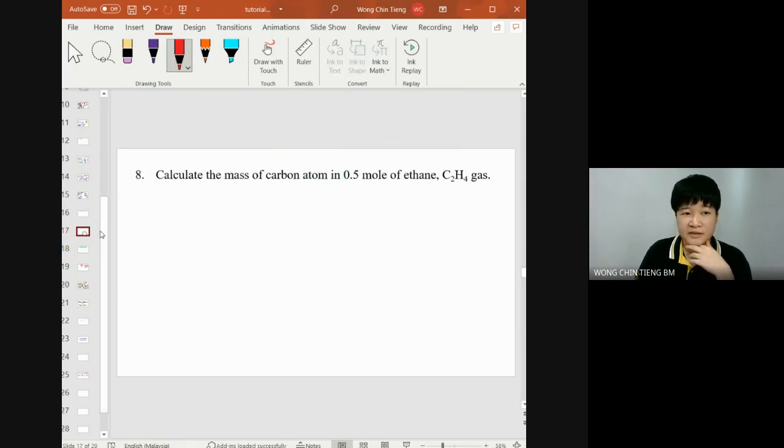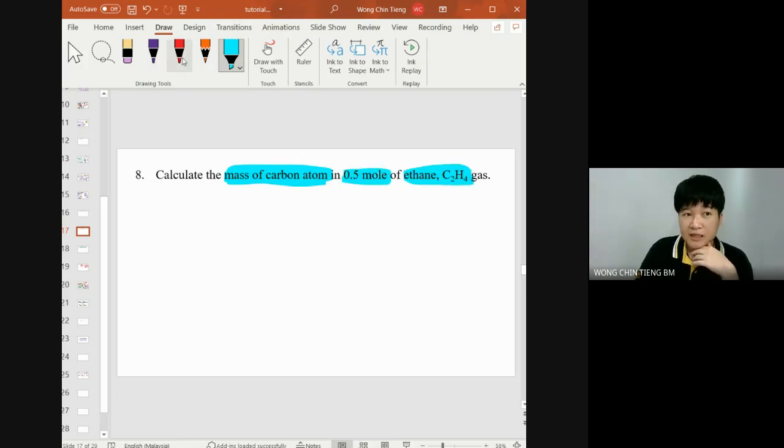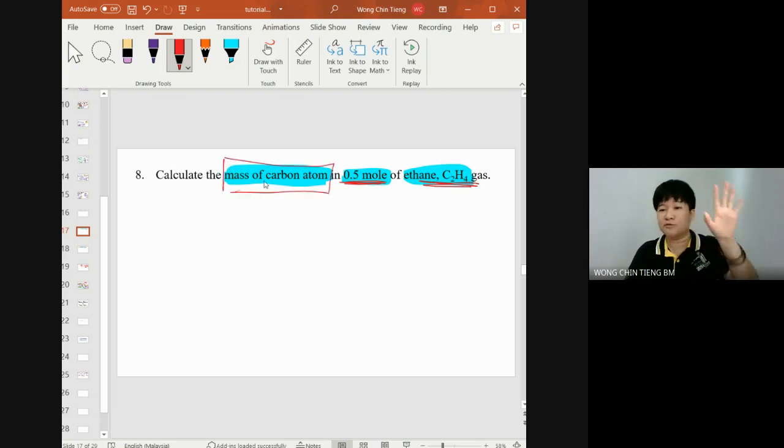Okay. If the question asking for the mass of carbon atom, similar as soalan 11 tadi. Soalan tanya mass in 0.5 mole of ethane. Nampak tak? Dia bagi dalam unit lain, orang lain. Tapi dia nak mass of carbon atom. Bila saya kata mass, kita definitely akan guna molar mass.